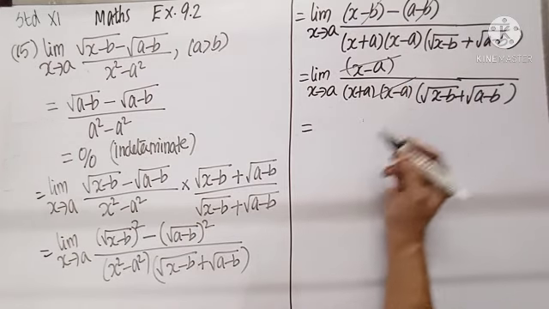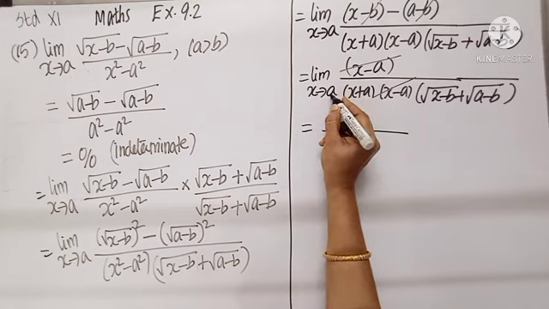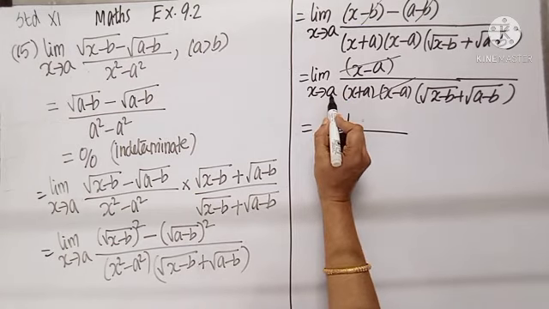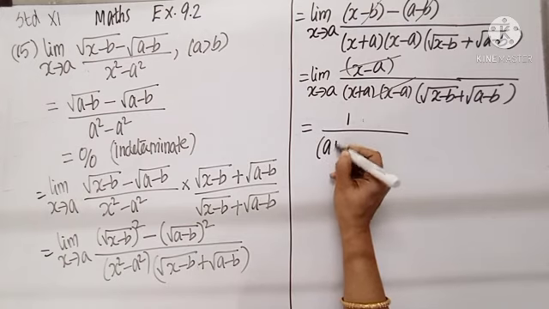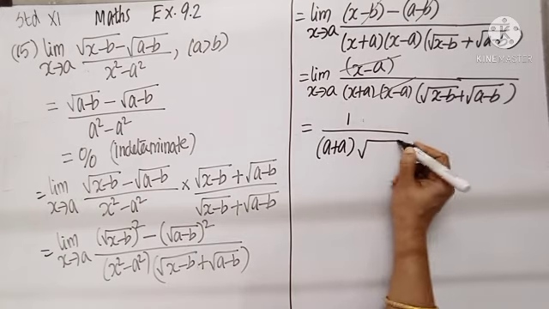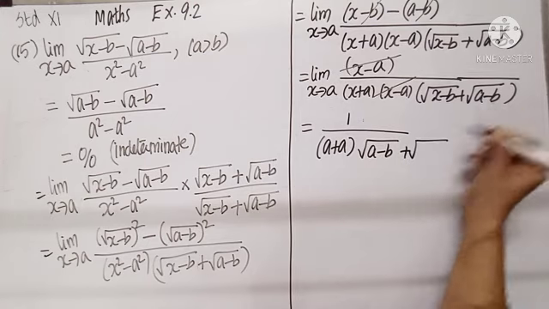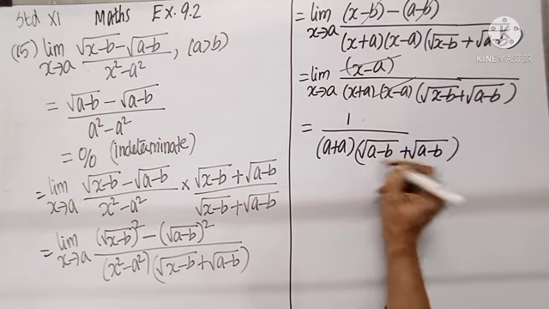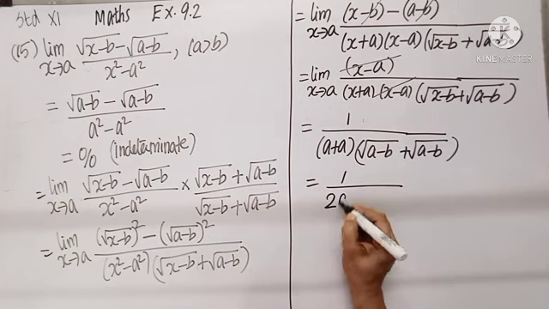Now I can very well apply the limit. X tending to a, wherever x comes, let me put a. a plus a, root of a minus b plus root of a minus b. As we simplify, it is 1 by a plus a, 2a.